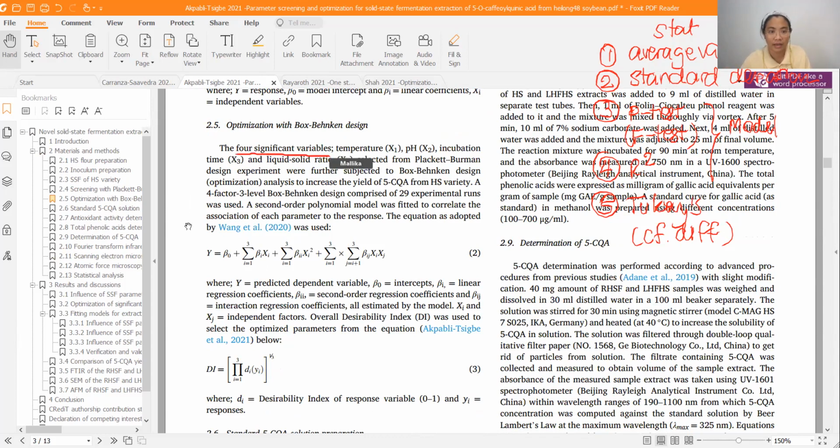Normally with optimization and Box-Behnken design, you know immediately that they have to use response surface methodology, and in order to get the optimum values, you have to fit those data into a model. In this study, they use a second order polynomial model.